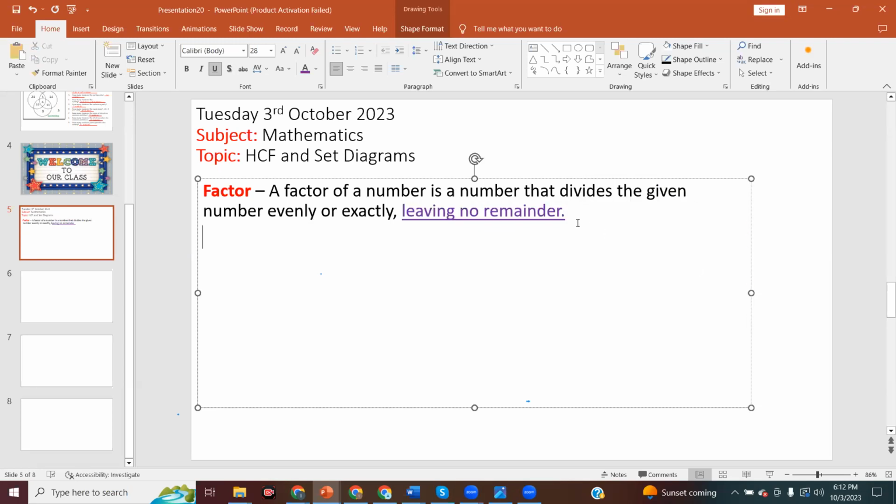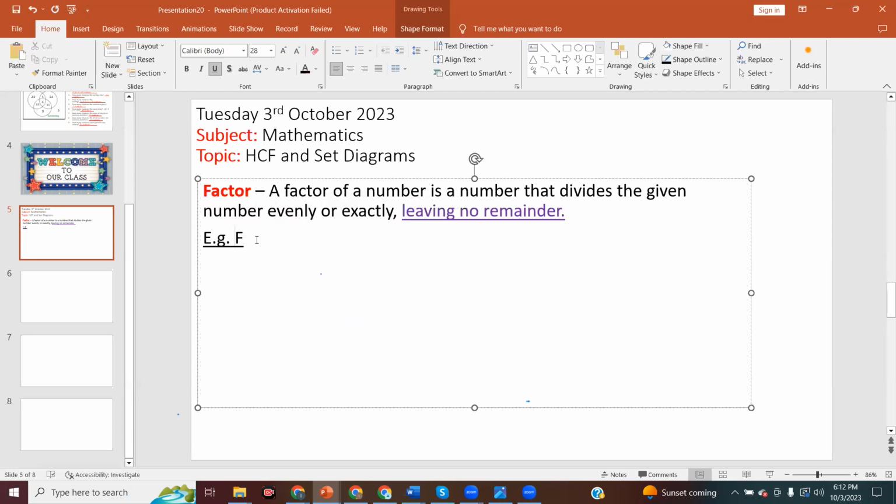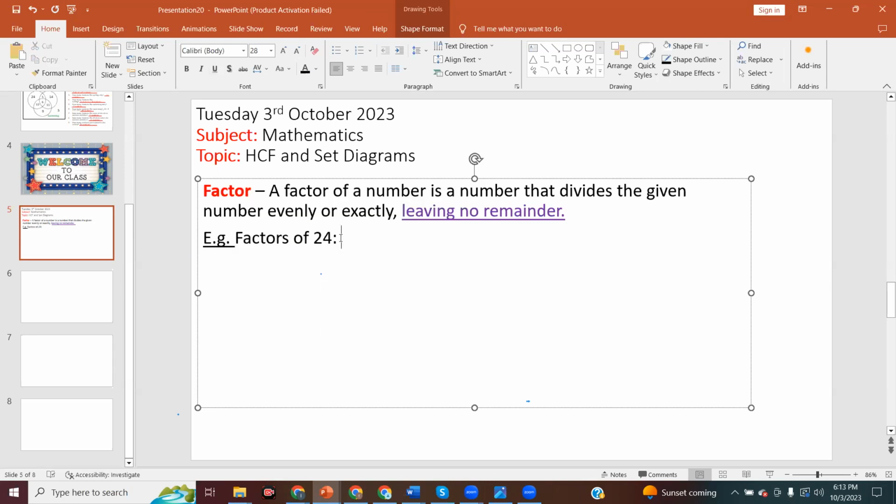So for example, if I say I want the factors of 24, basically I want all of the numbers that can go into 24 evenly. And in the chat, I want you to put one number that can go into 24 evenly without leaving a remainder.